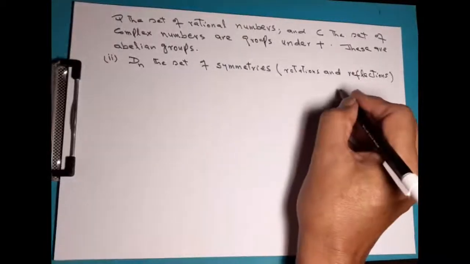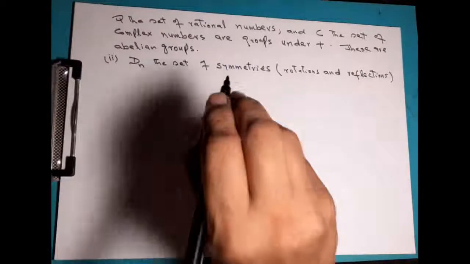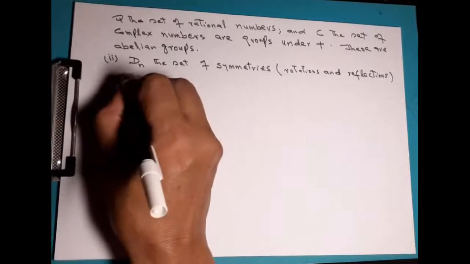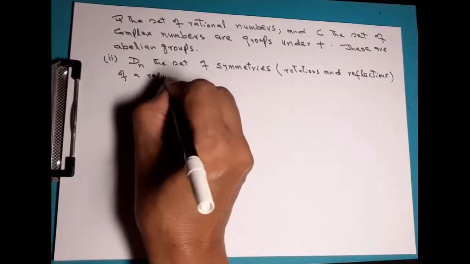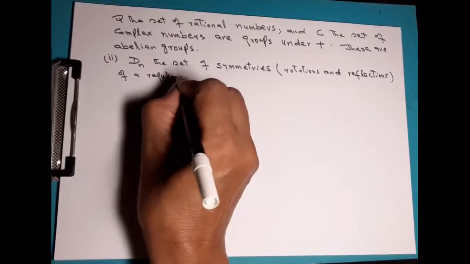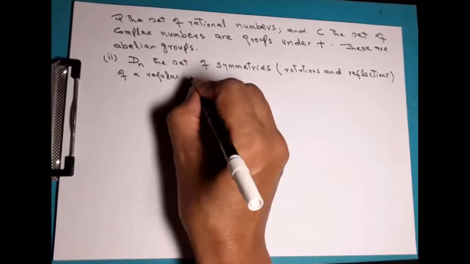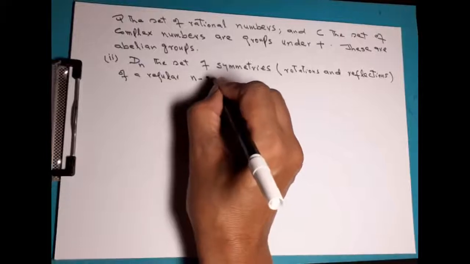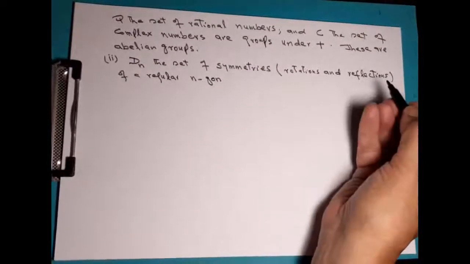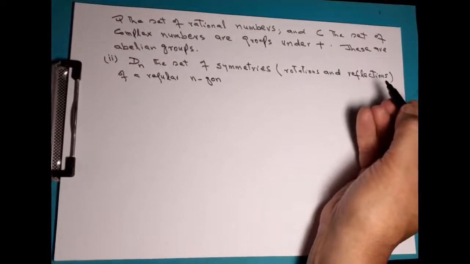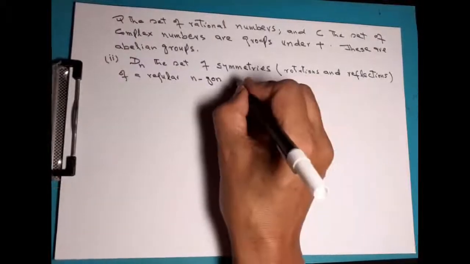So Dn, the set of symmetries of a regular n-gon, a polygon with n equal sides, is a group.